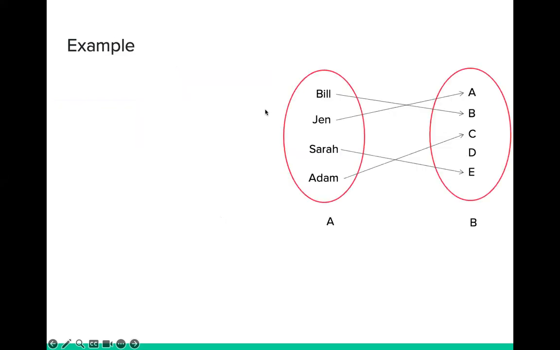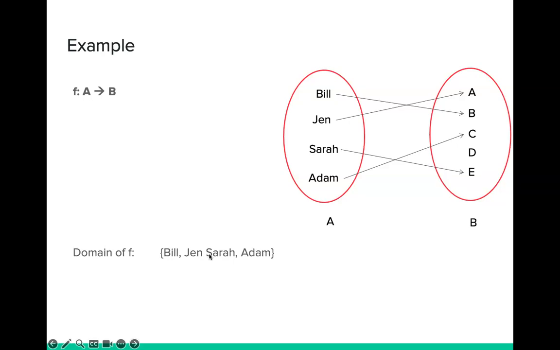So let's understand it with an example. For example, we have two sets here, set A containing the elements Bill, Jen, Sarah, and Adam, and set B contains A, B, C, D, and E. These are the set of grades. We have a function f here that maps set A to set B. What would be the domain of f?